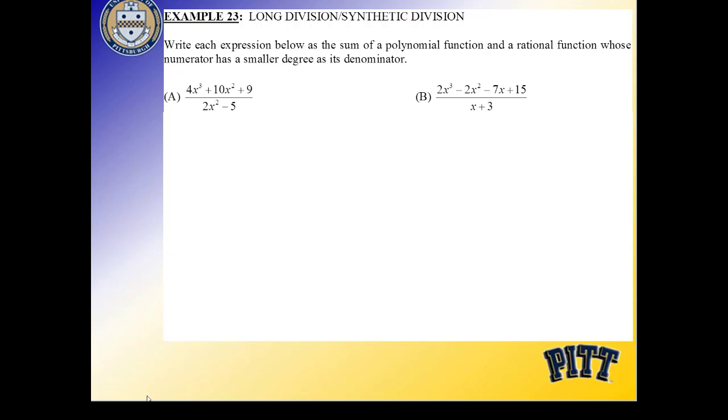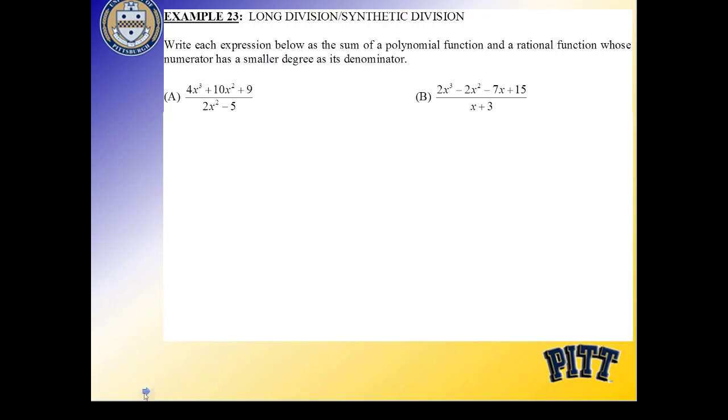So anytime I'm dividing by something that's not a linear binomial with a leading coefficient of 1, which I don't have in A, I'm dividing by a quadratic binomial, I'm going to use long division.